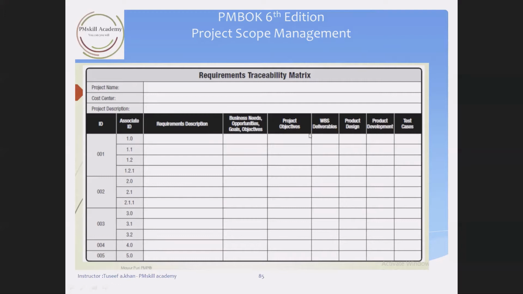The implementation of this matrix will help ensure that each requirement adds business value by linking it to business and project objectives. Also, you can trace all requirements, and further this RTM can be used for resource management and other documents. So these are the two main outputs.